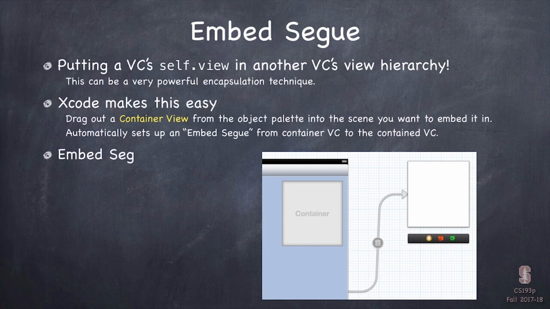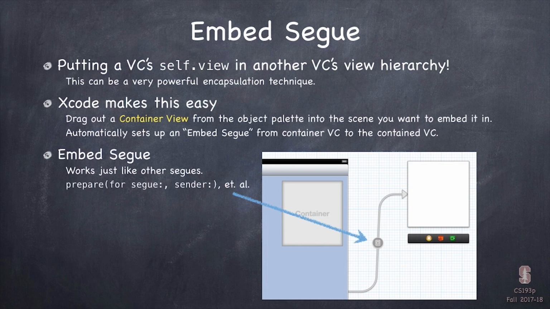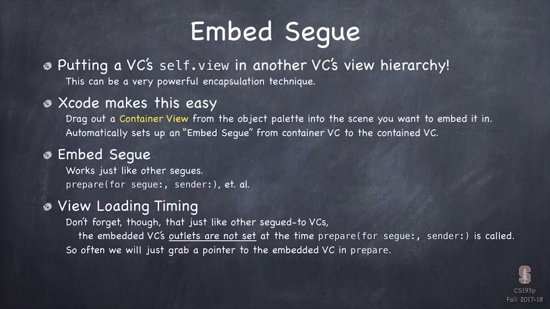Now, it works just like other segues in that you get to prepare for it. So you're going to get prepare for segue, and you can set the segue identifier right there. However, one thing to consider about embed segues is the timing there. Just like other segues, the outlets of the thing that you're connecting to are not set.